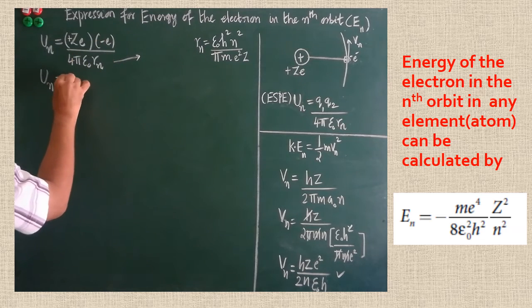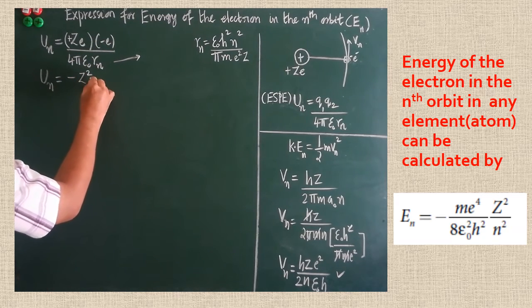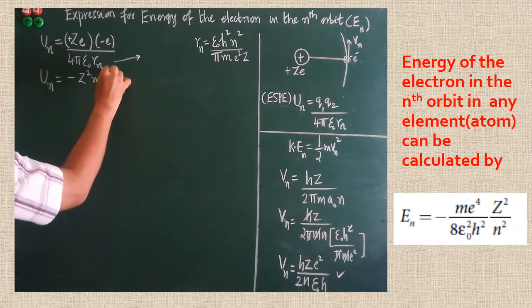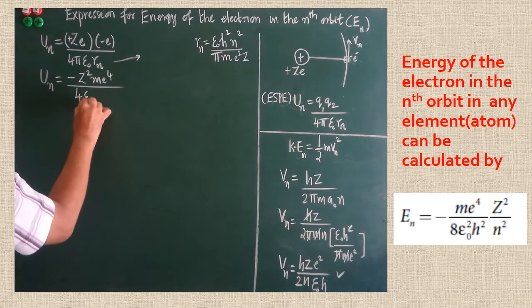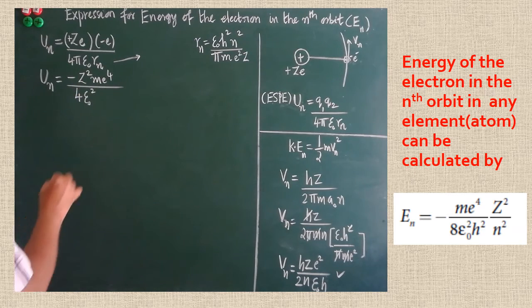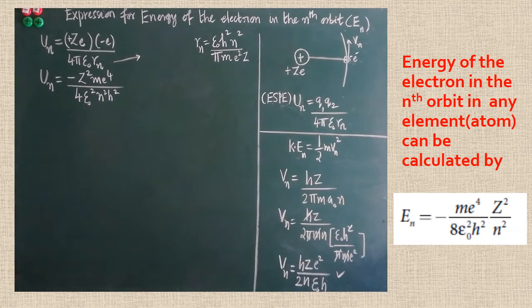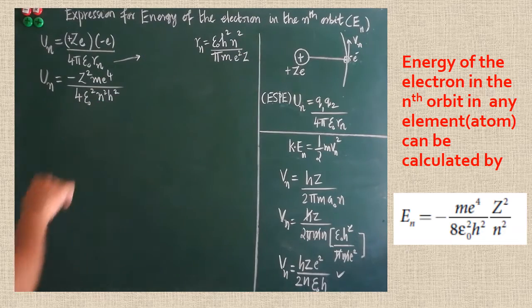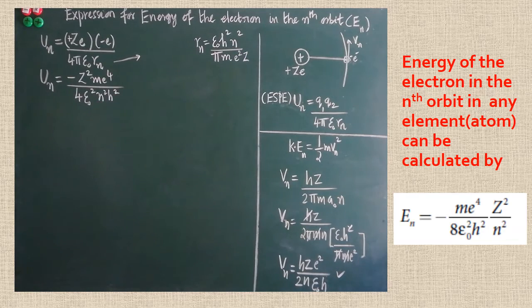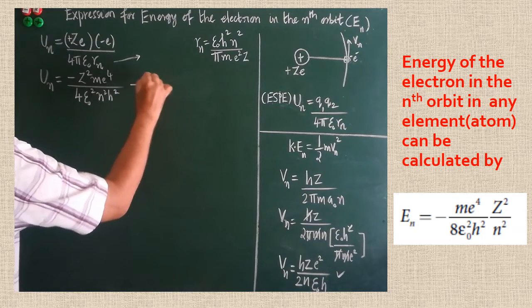The minus sign is very important: Un equals minus Z square m e to the power 4 whole divided by 4 epsilon naught square n square h square. This is the expression for the electrostatic potential energy stored up between the nucleus and the electron. Are you clear? Don't forget. So the first kind of energy is calculated.